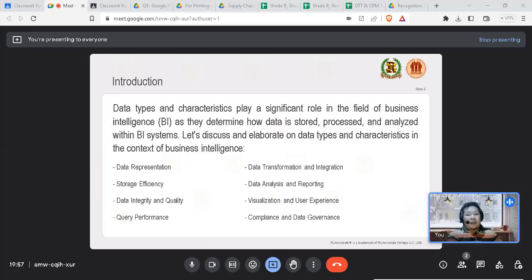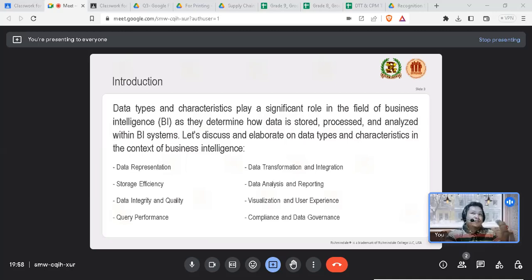Number two is storage efficiency. So what is storage efficiency? Understanding the characteristics of the data types you use is crucial for optimizing storage efficiency in a business intelligence system.